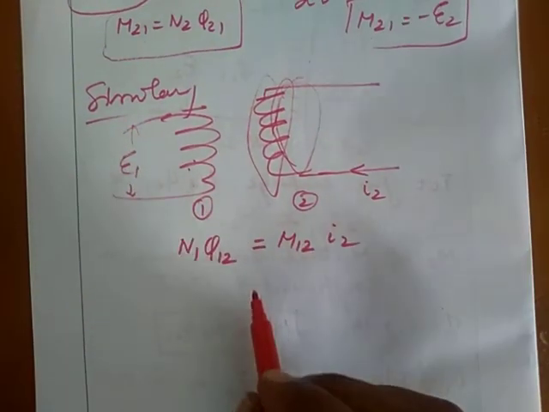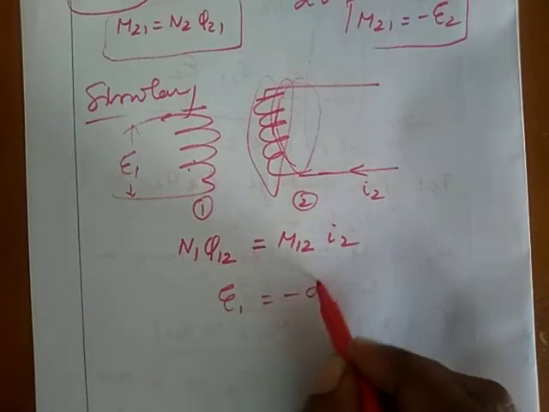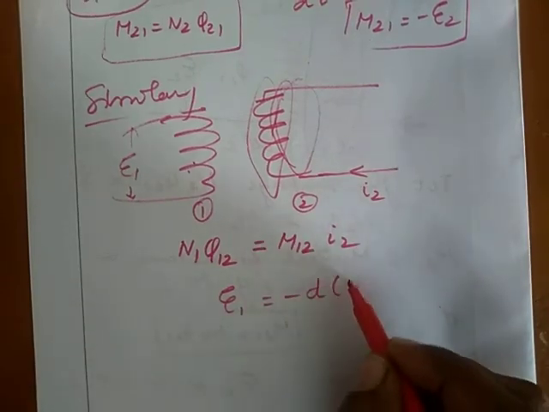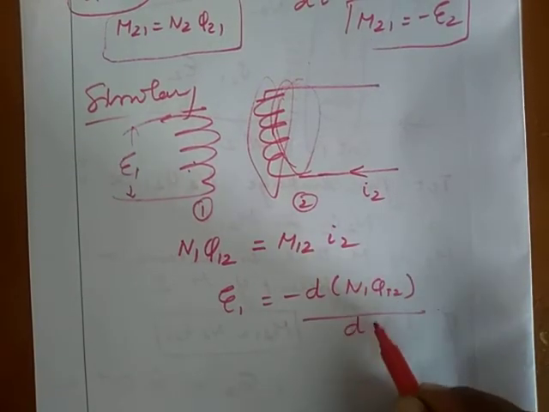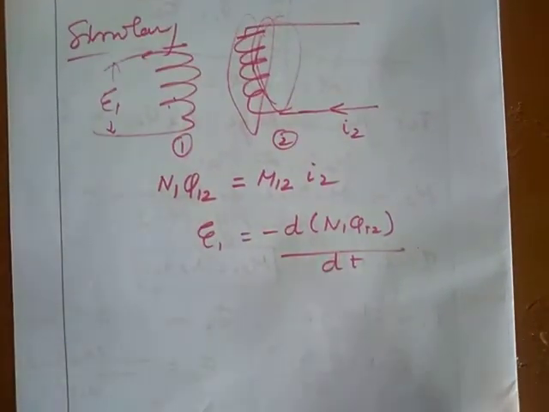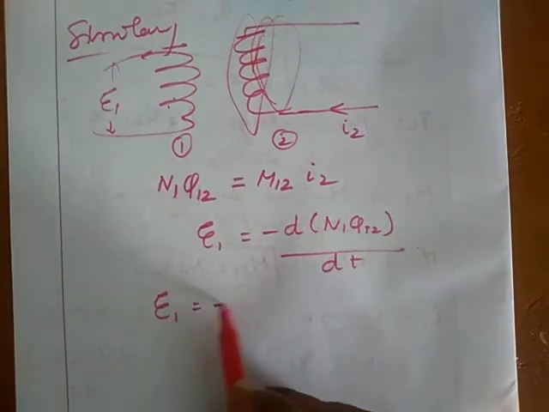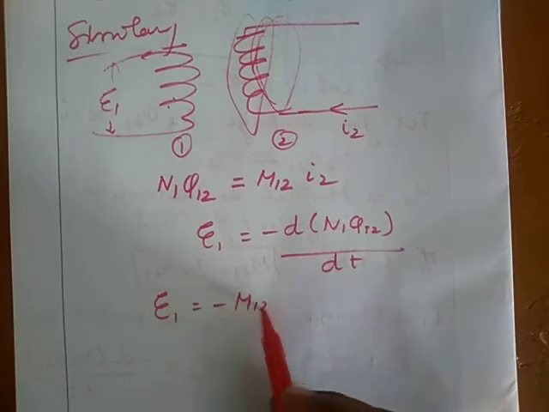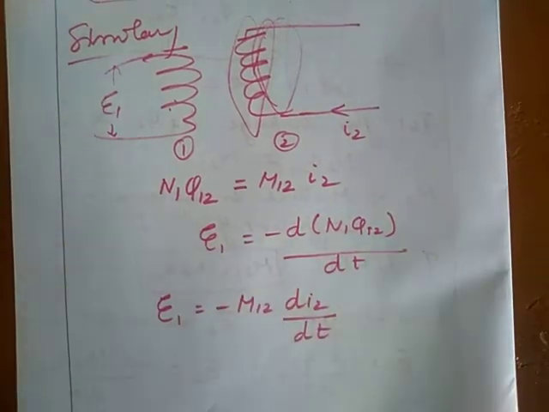This one we can write as psi 1 is equal to minus d N1 phi 12 by dt. Okay, after solving this we get psi 1 is equal to minus M12 di2 by dt.